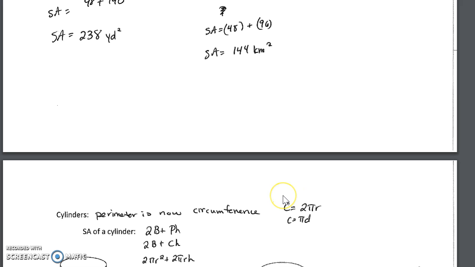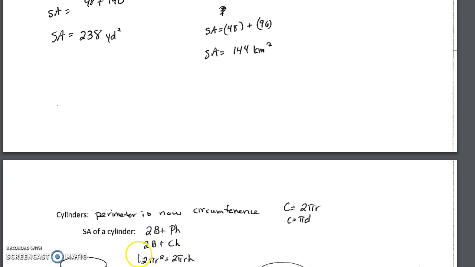And then you should also write down the area formula for a circle. The area for a circle is pi r squared. Area is equal to pi r squared. So 2B plus PH becomes 2B plus CH, because C is circumference.